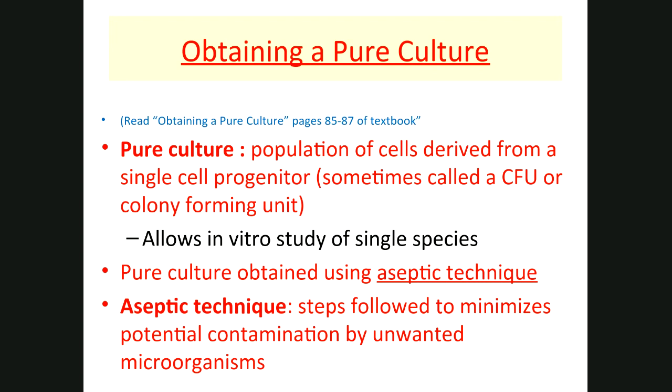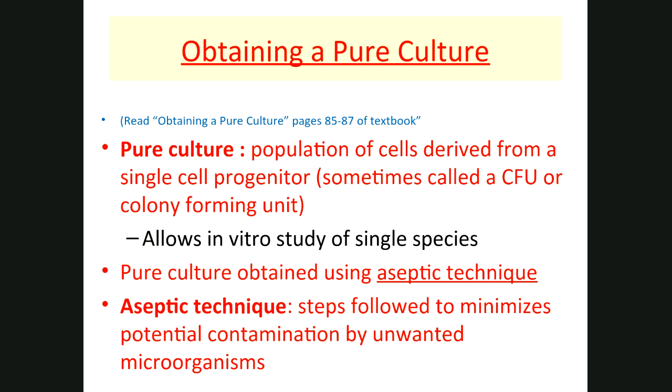A pure culture is a bacterial culture in which all of the cells belong to the same genus, species, and strain because they all arose from the same progenitor cell. So they all came from one cell, at least that's the theory.